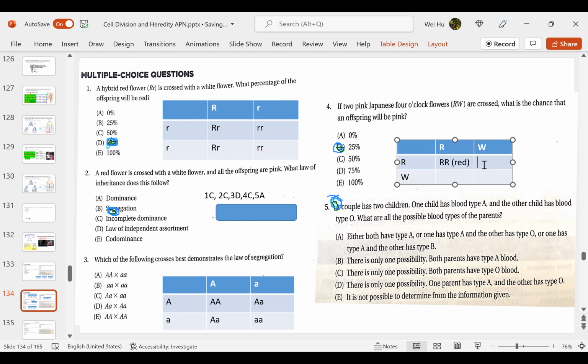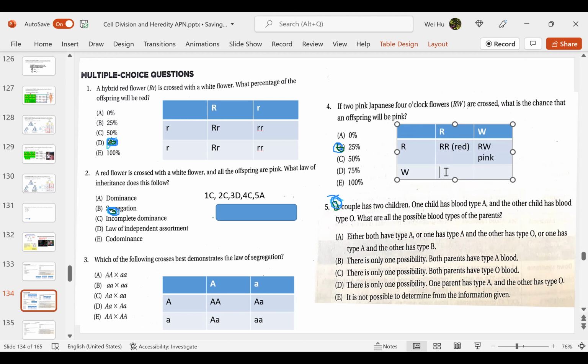You get RW, which is pink. You get RW, pink. And you get WW, white.